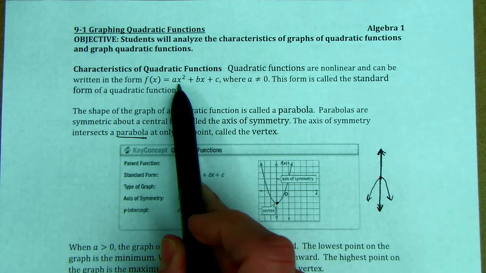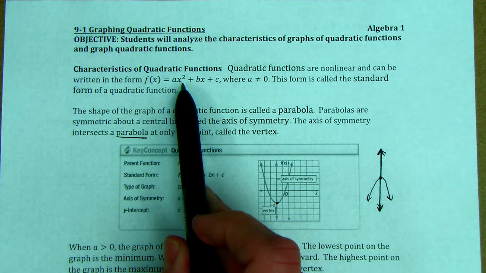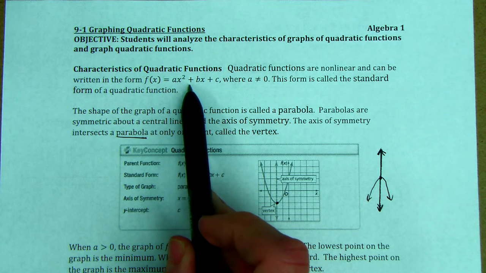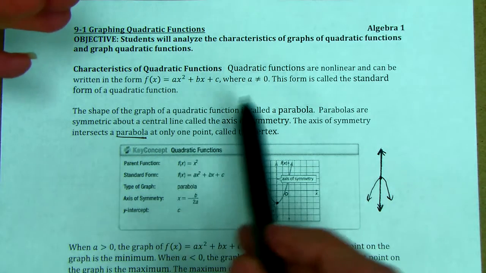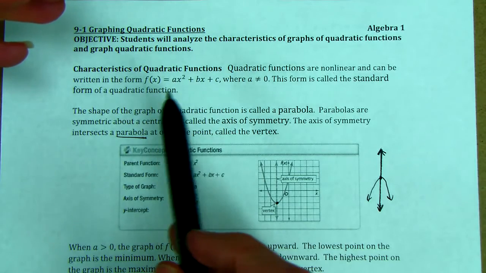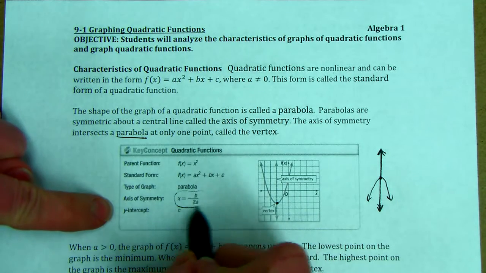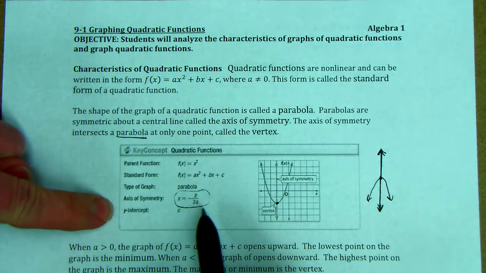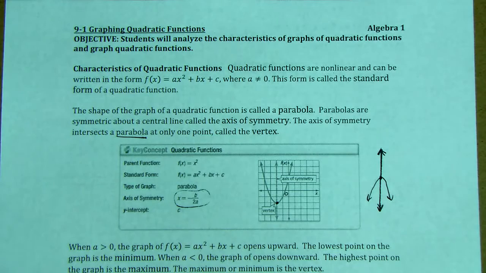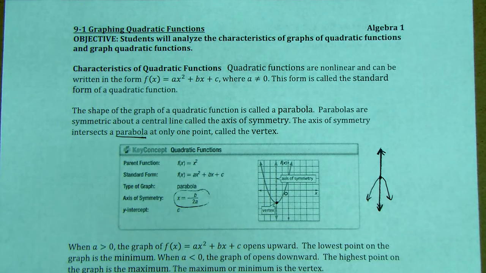So you can actually use this standard form with your a, b, and c numbers and calculate right here the axis of symmetry, or the x coordinate of your vertex. So down here, the other thing that we should talk about is that if this a is a positive number, it opens upwards, so it looks like a happy face.